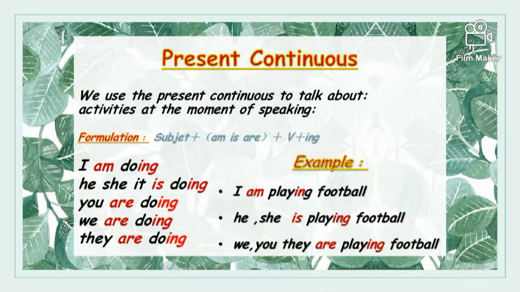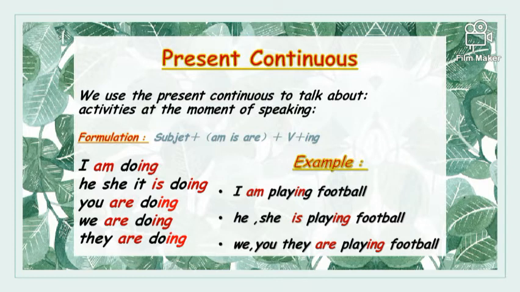We use the present continuous to talk about activities at the moment of speaking, and the formulation of present continuous: subject plus verb to be, am, is, are, plus verb plus ing.